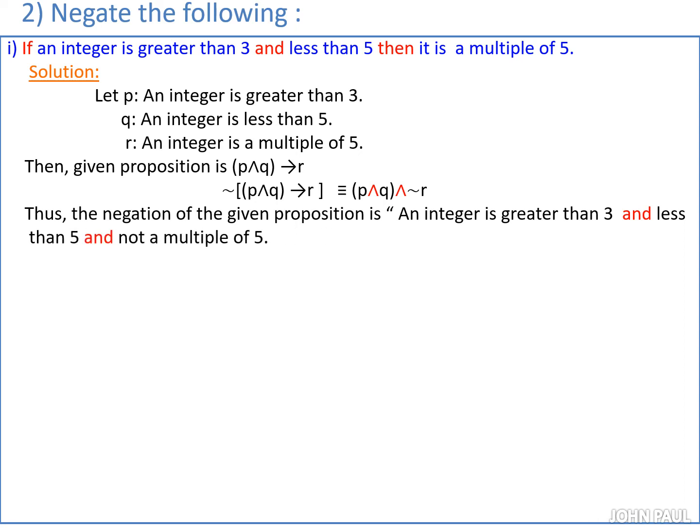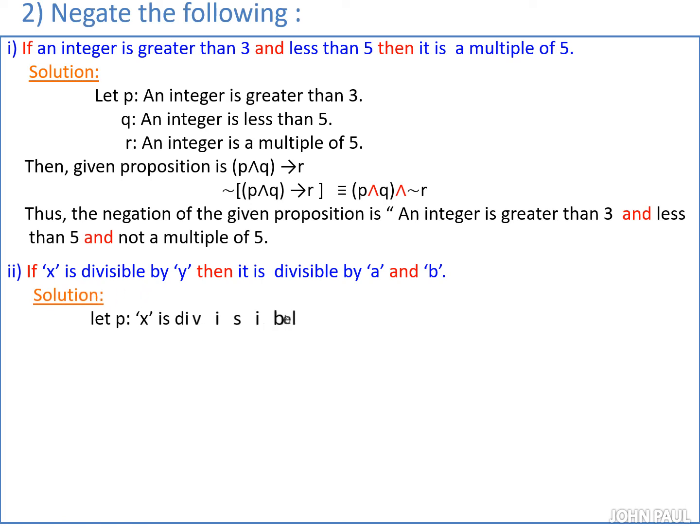Second one: if x is divisible by y, then it is divisible by a and b. Again, we will write three statements P, Q, R. Statement P: x is divisible by y. Q: x is divisible by a. R: x is divisible by b.